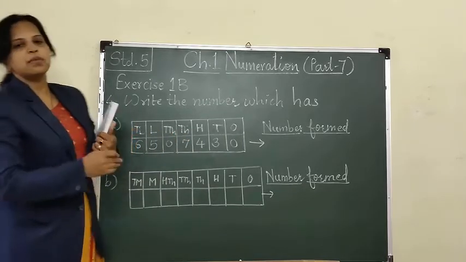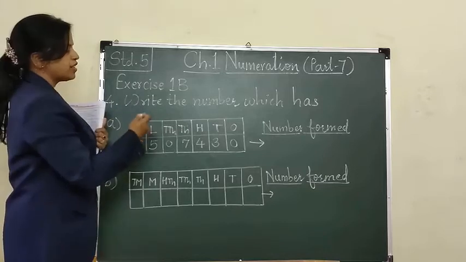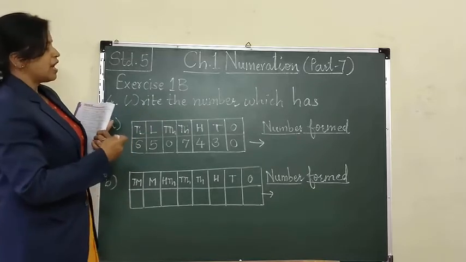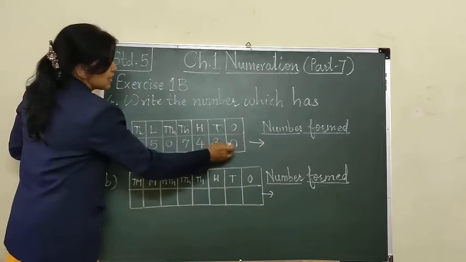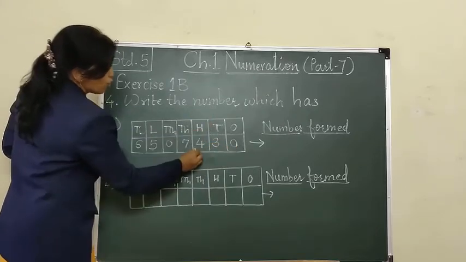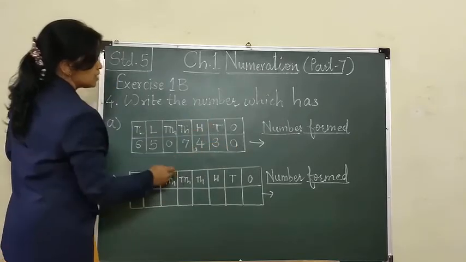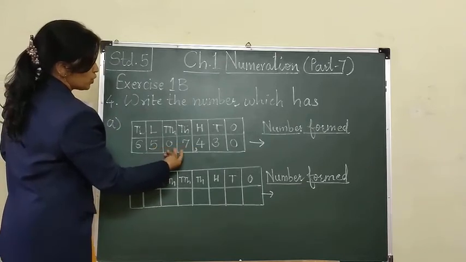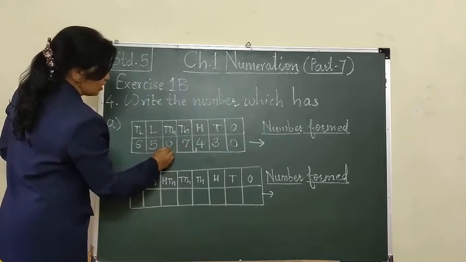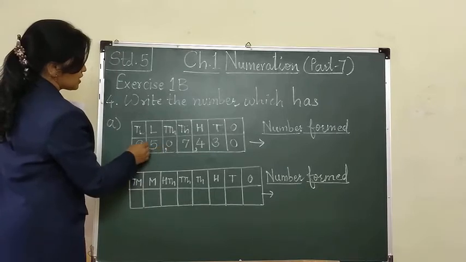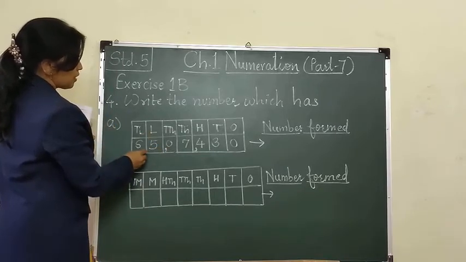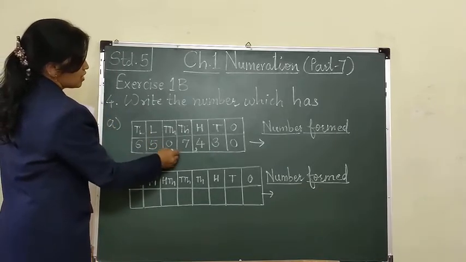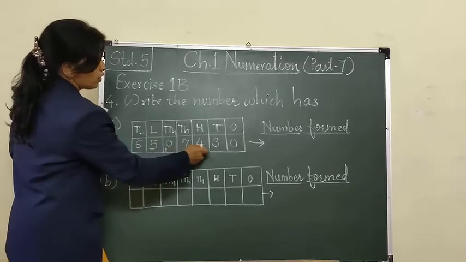So what is the number formed by placing all the digits at the particular place? As we know, the last three digits will come under ones period. So comma before these 3 numbers. Then 1000 and 10,000, 2 digits in thousands period. So I have given a comma here. And now this is 5 and 6 in lakhs period. So the number formed is 65 lakh 07,430.